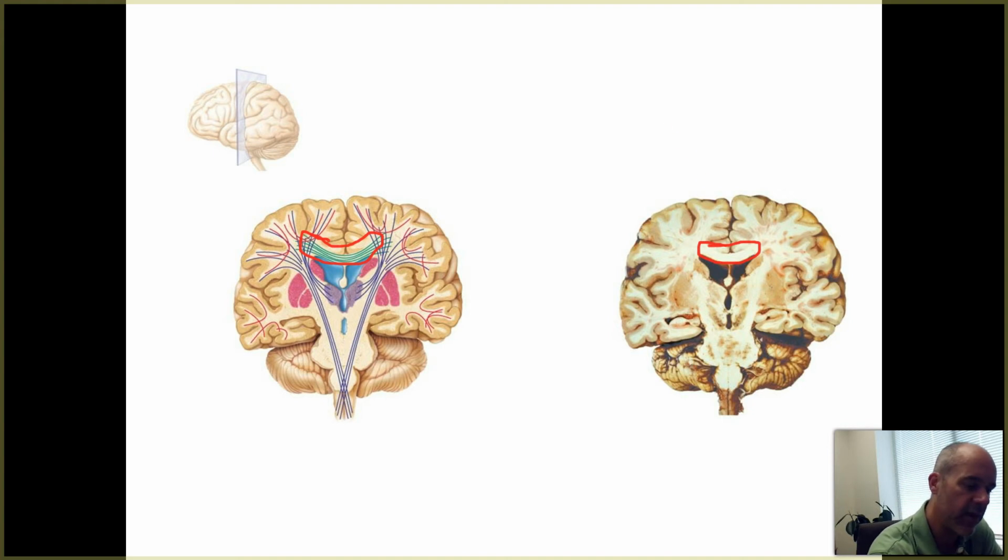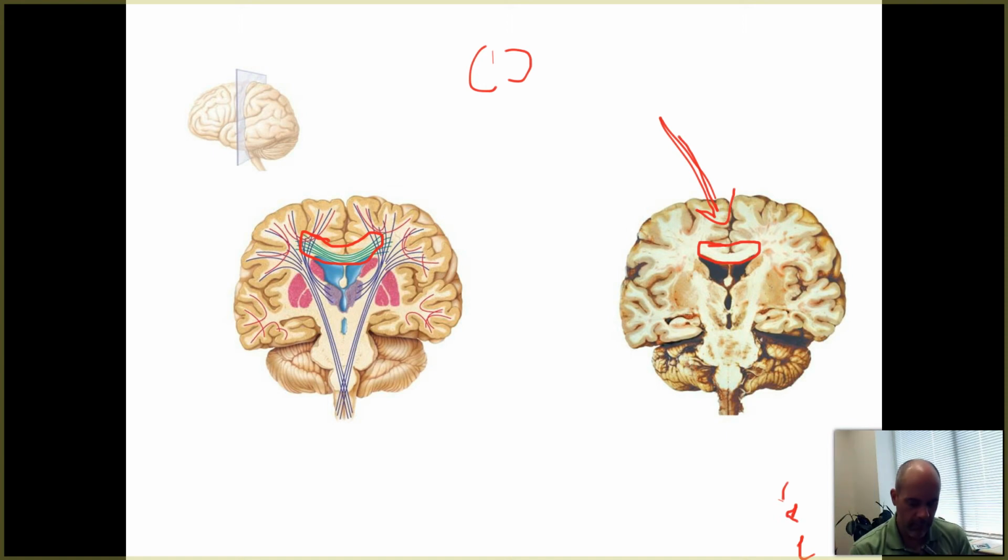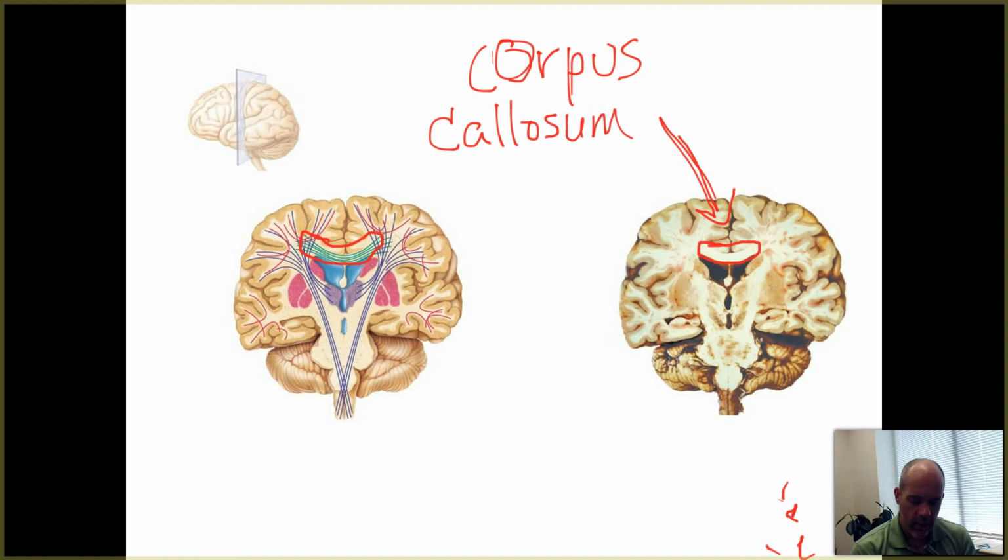That structure, and again you're seeing it in a 2D coronal section here, is called the corpus callosum. And that is a white matter bridge between the left and the right hemisphere of the brain.